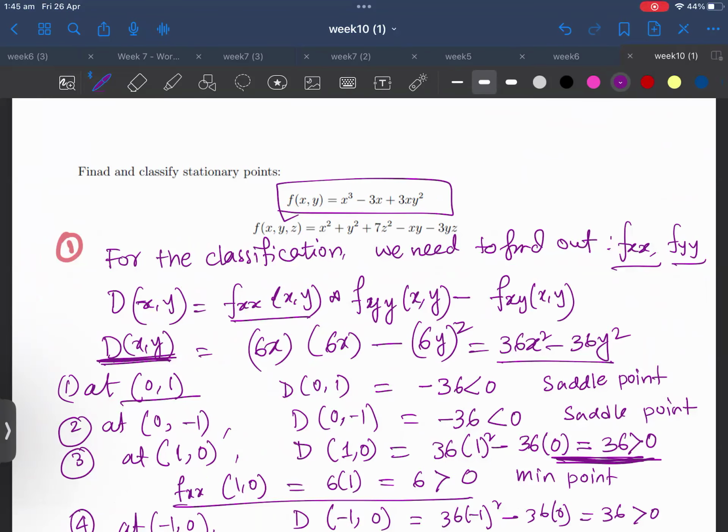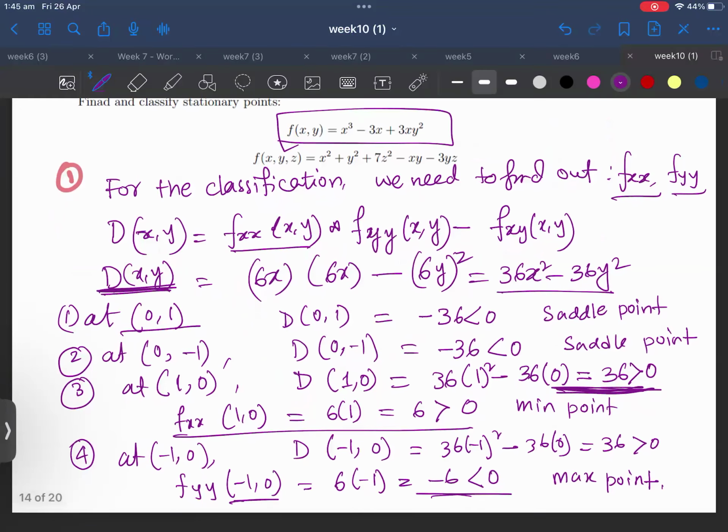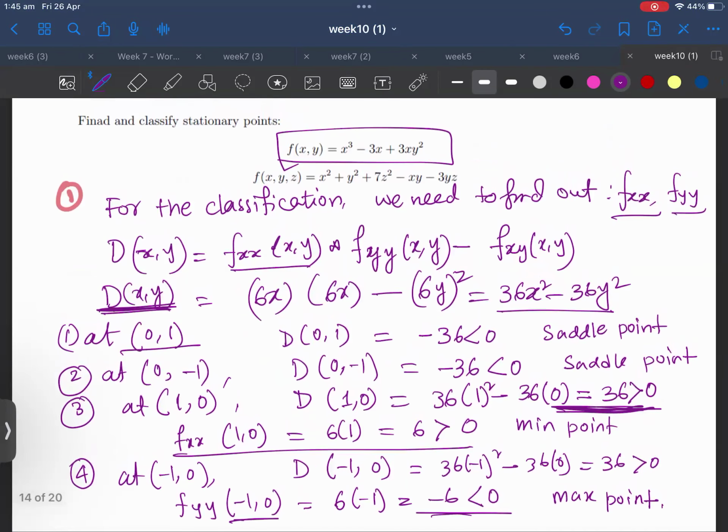Here we found f yy at this point is minus 6.